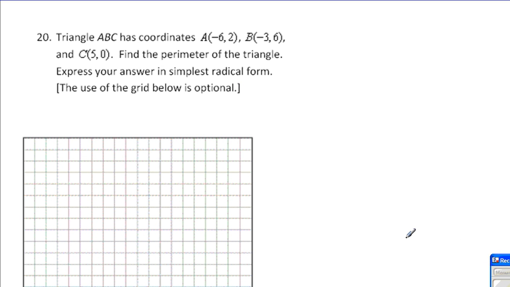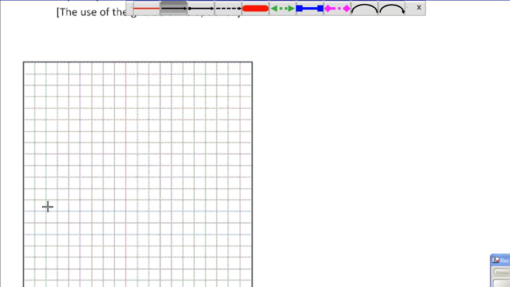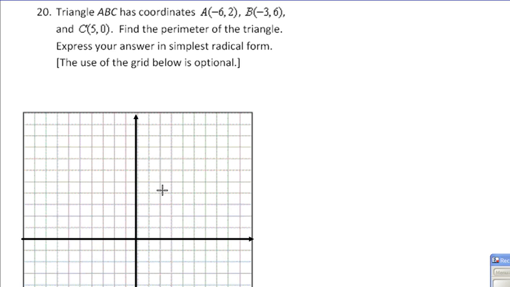Alright, so this will be the last question from part 1. I will be putting up the part 2 video soon. Now, here we have triangle ABC. In order for us to do that, I guess we have to have some sort of coordinate system here. A is -6.